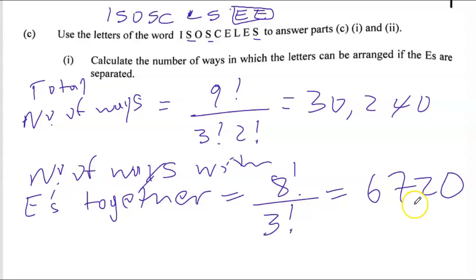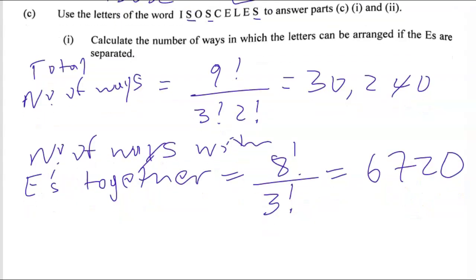And then the number of ways the letters can be arranged if the e's are separated. So we have the total number of ways, and the number of ways when the e's are together.